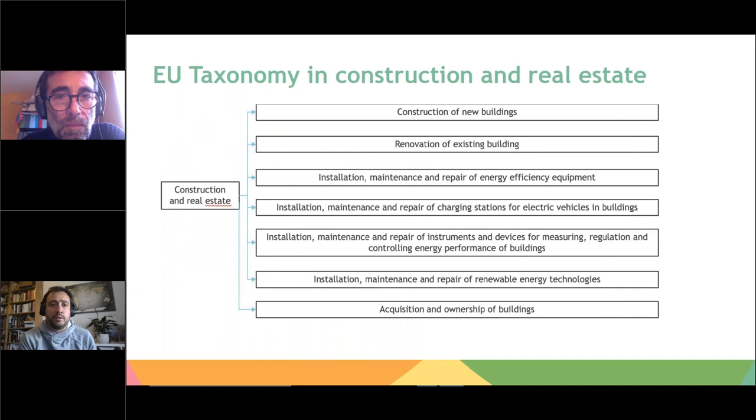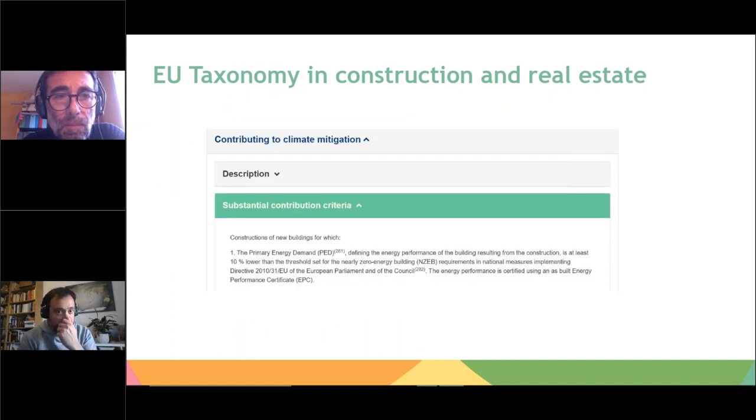So if you are doing an activity like, for example, renovation of an existing building, which is the focus of our project, then you can see if this building construction or retrofitting is contributing to climate change mitigation, and they are setting up a set of criteria that you must meet in order to be compliant with this EU taxonomy.